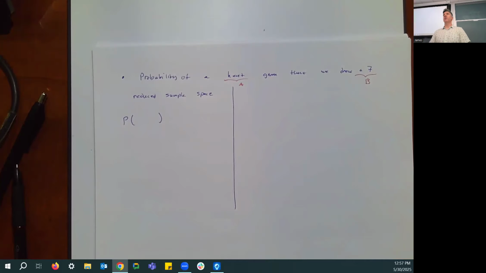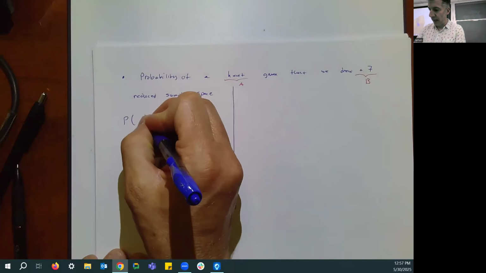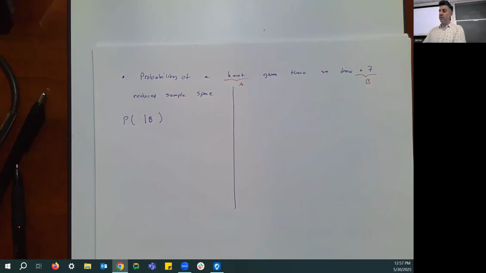So here's the thing you want to think about. The thing you are told that has happened is the thing that goes last. So we are asked, what's the probability of getting a heart given that we drew a 7? So B is the event that we know has happened, so B is the thing that we write last. We're trying to find the probability of A knowing that B has happened.